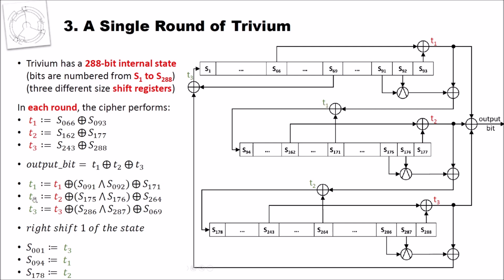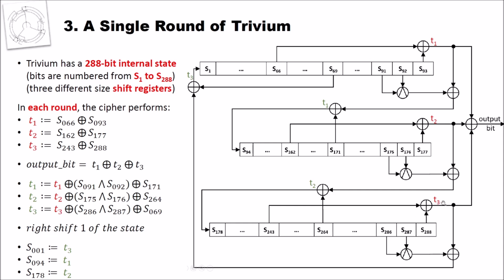Same as for T2, we also have an AND of two bits, XOR with the previous T2 value, and XOR with an additional bit from a shift register. Here we have the previous T2, it gets XORed with an AND value of 2 bits, and then the result is XORed with a bit S264 from the third shift register. And with T3, we also have the same construction.